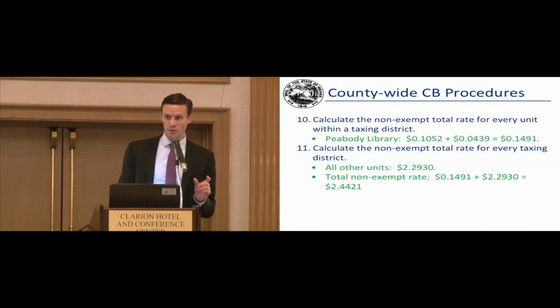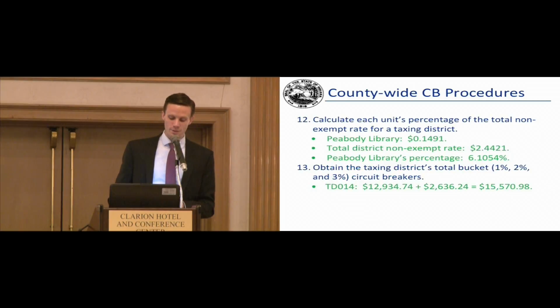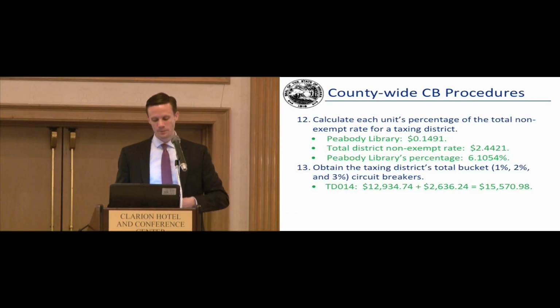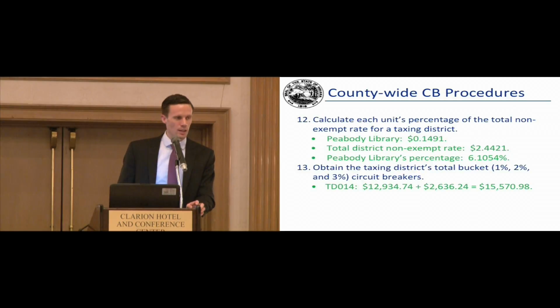And next we'll calculate the total non-exempt rate for every taxing district, for every unit within the taxing district. So for all other units, we have, again, $2.29. Our total non-exempt rate is going to be the $14.91 plus the $2.29 for a total district rate of $2.44.